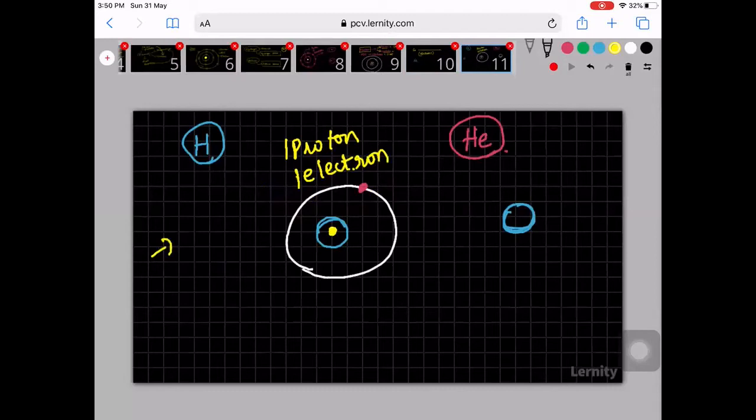Now if you take helium, it has two protons and two neutrons. Inside the nucleus you have protons and neutrons, and surrounding it you have electrons.